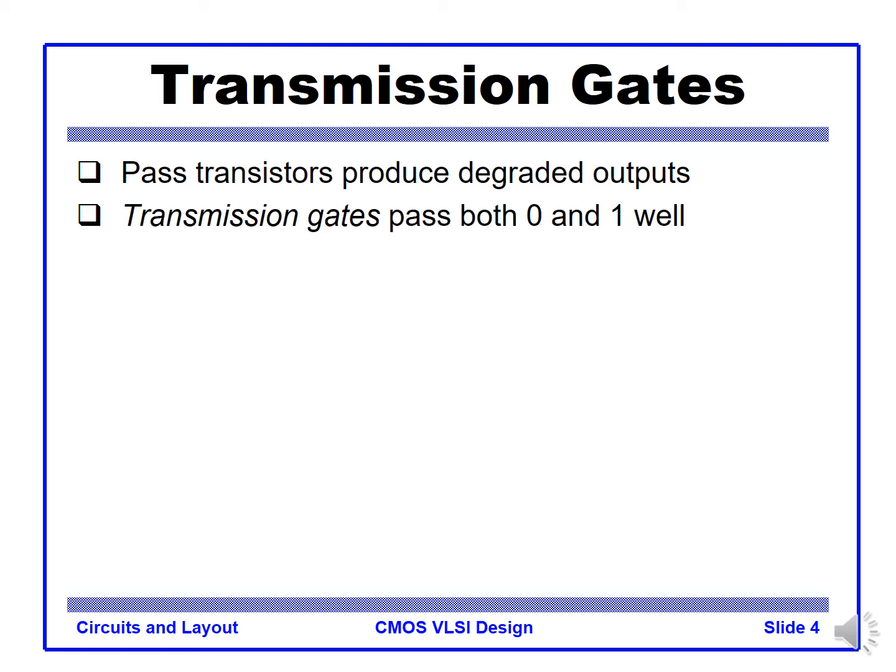So a possible solution for the ideal switch will be the transmission gate, by adding two transistors in parallel, like that.